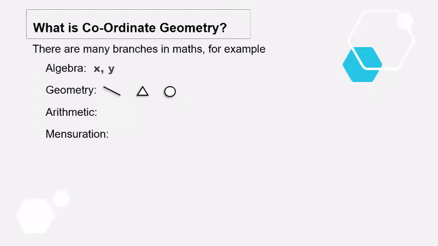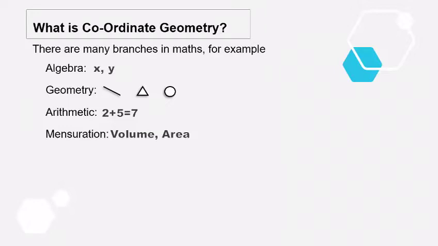In arithmetic, you deal with numbers, different numbers and different operations. For example, 2 plus 5 is equal to 7, 8 minus 3 is equal to 5, etc. In mensuration, you have seen volume, area, surface area, and so on. But what is coordinate geometry?